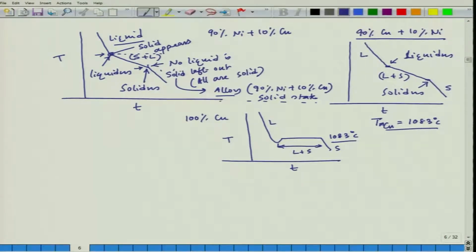Here we do not see any slope, it is a flat line, horizontal with reference to the time axis, since all the solidification is taking place at a single temperature. But here we do not have a single temperature where solidification takes place, rather a range of temperature, and the reason is there is a continuous change in composition.